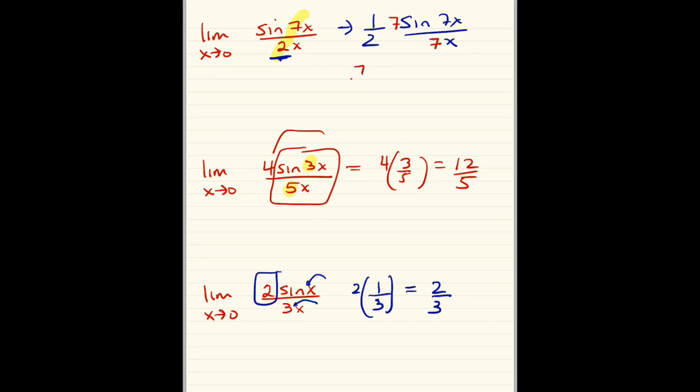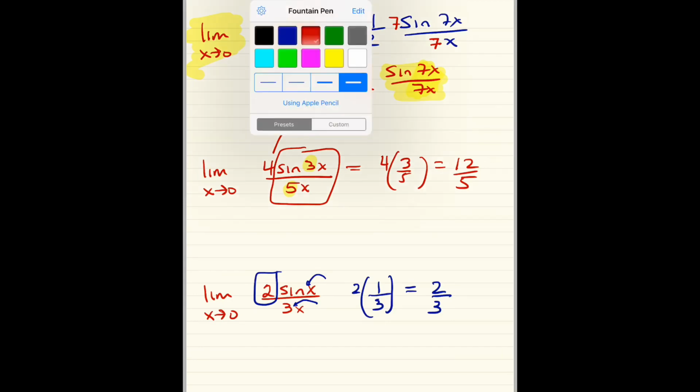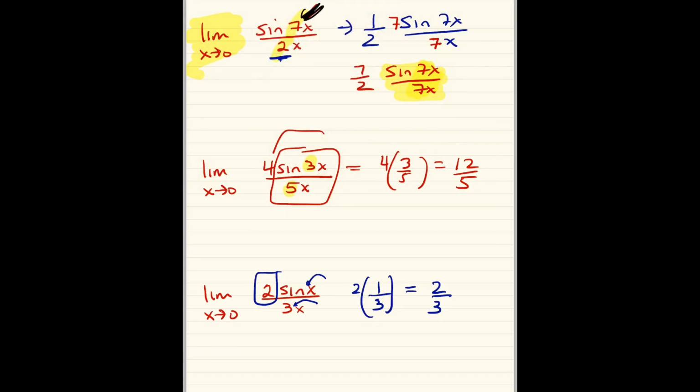So now you have 7/2 sine 7x over 7x. Well, guys, if these two match, then the limit as x approaches 0 for sine of the things that match is 1. Therefore, it's 7/2 times 1, which is also this guy here, right? This guy right here, 7/2.